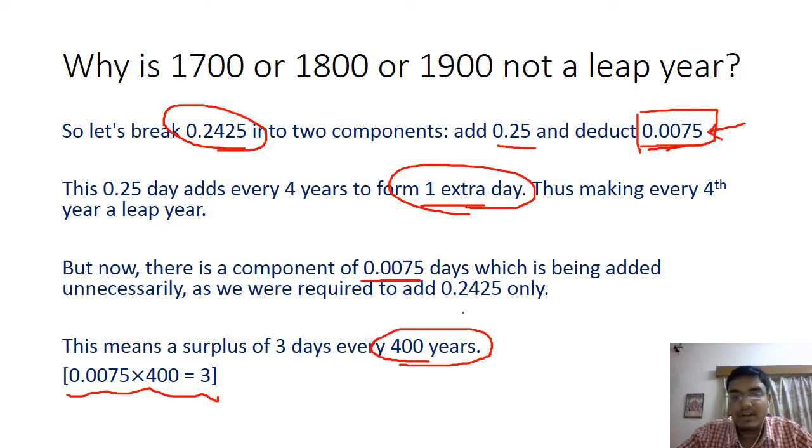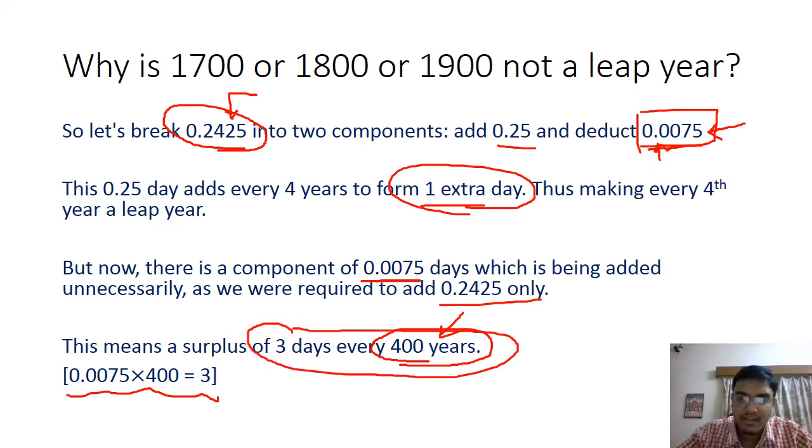So in every 400 years we subtract this 0.0075 so that in the end we are adding 0.2425. So when we subtract this 0.0075, 3 days have to be subtracted in 400 years. That we do by subtracting from our century years, that is, from the 100th year, from the 200th year, and from the 300th year. So we subtract 1 day from each of these.